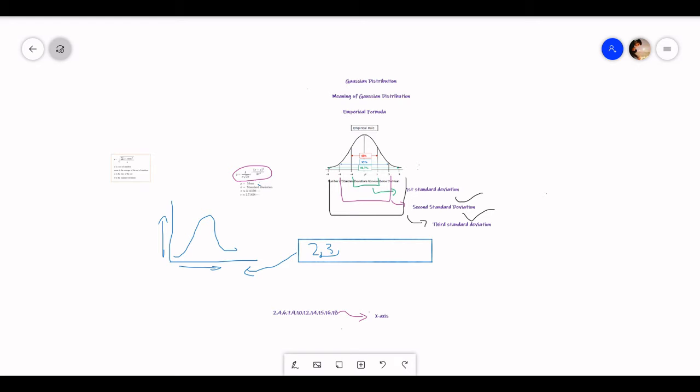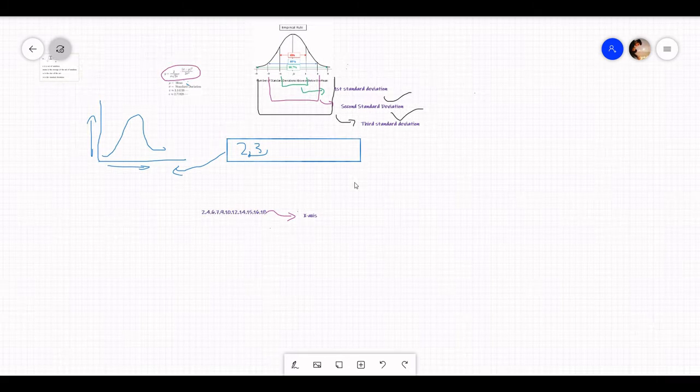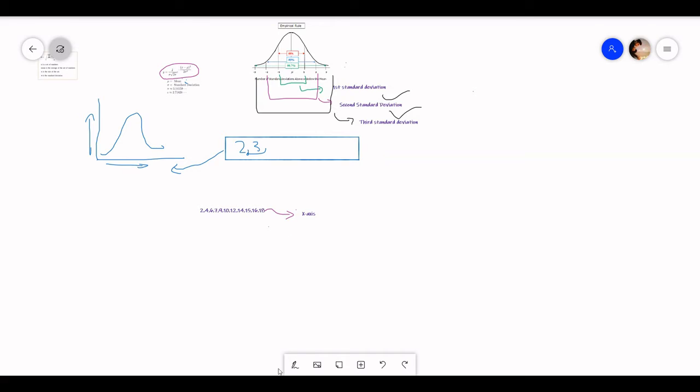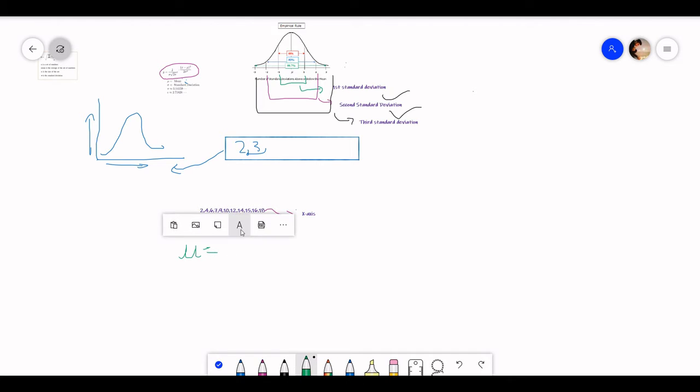So for that, first we have to find our mu. Mu is nothing but our population mean. So the mu formula will be equal to the sum of all observations divided by the number of observations.